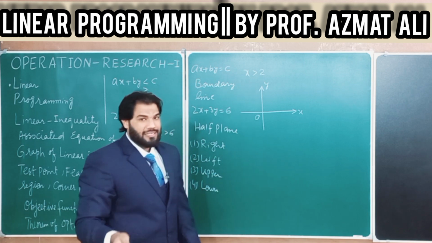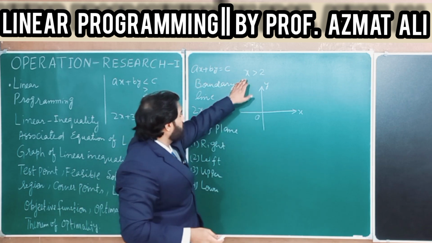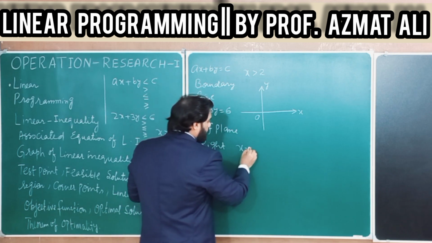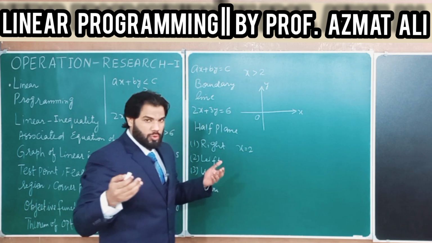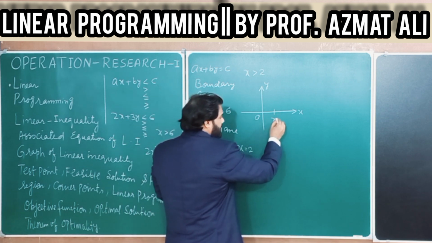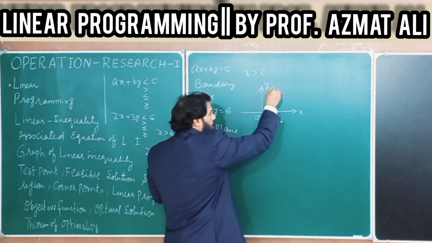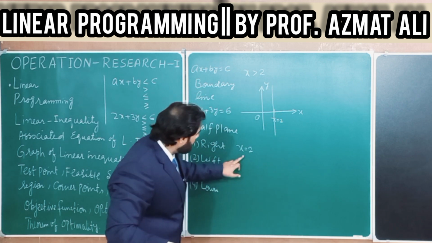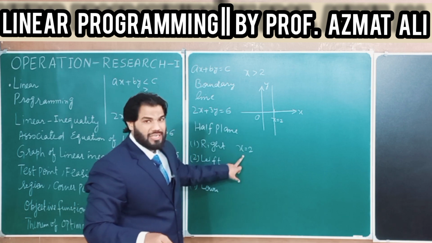Our inequality is x greater than 2. The corresponding associated equation of x greater than 2 is x equal to 2. Now you can plot x is equal to 2 here on the x-axis. This is x is equal to 2. And this vertical line is the graph of this associated equation x is equal to 2.